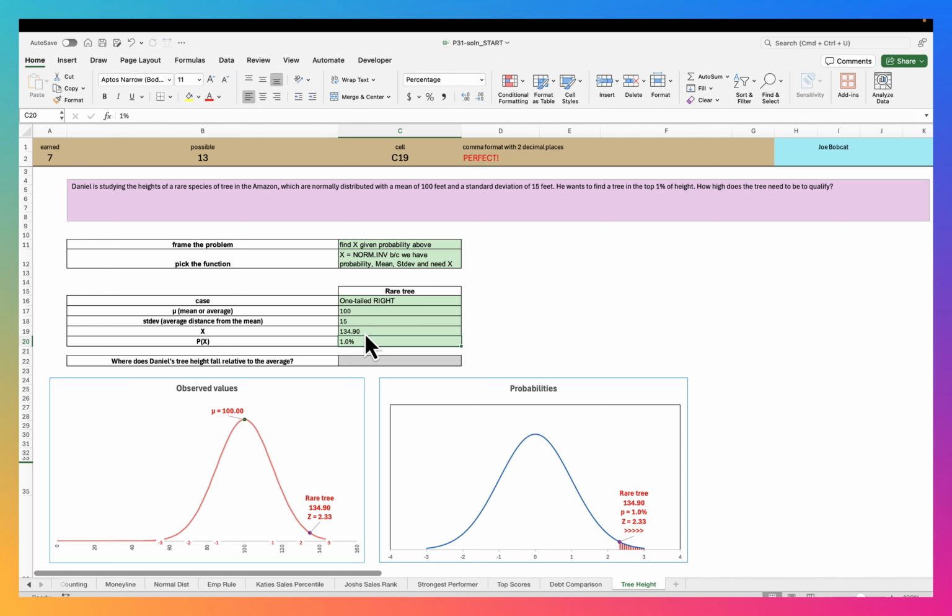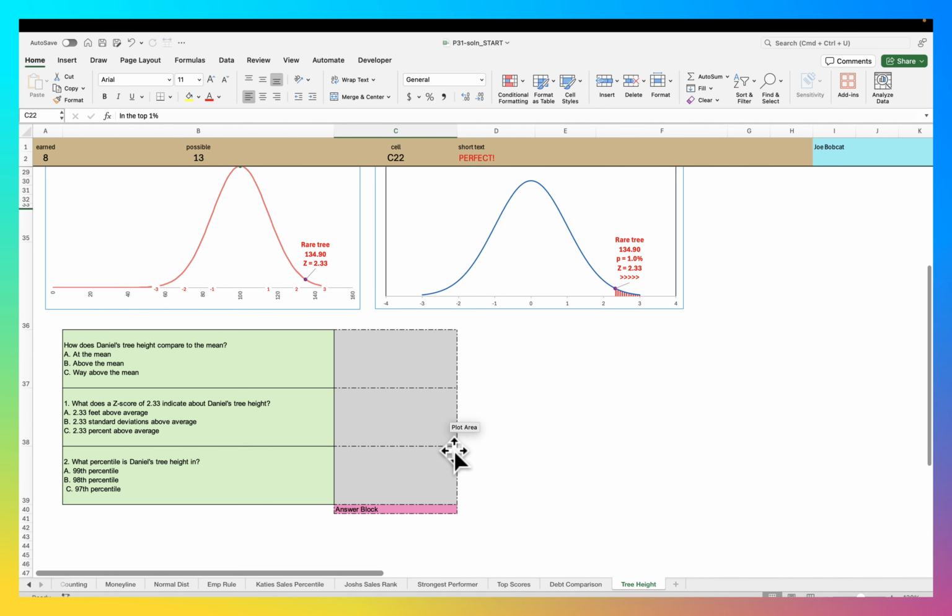So that then filled in the graph. There's the mean, which is 100. The rare tree that he would find in the top 1% would be 134.9 feet tall, 2.33 standard deviations above the mean. And there it is with the 1% probability. All right, so where does Daniel's tree height fall relative to the average? It's in the top 1%, because that's what the problem specified. How does Daniel's tree height compare to the mean?